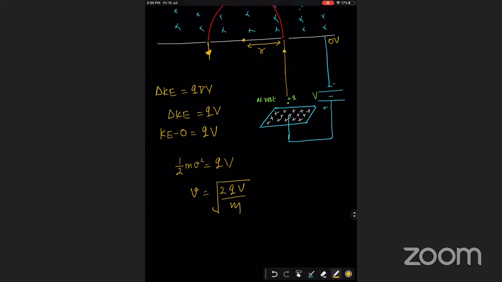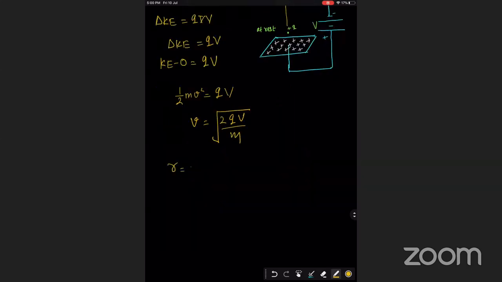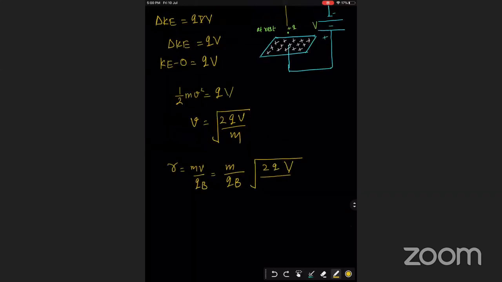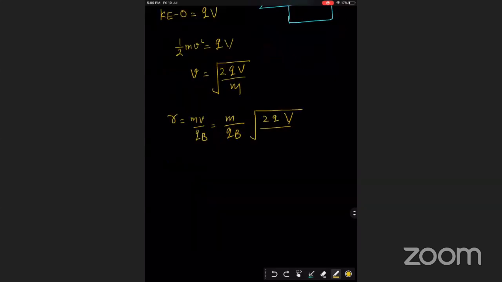We got the velocity, and we know the radius also. R is equal to mv upon qB. We'll put the value of velocity here: 2qV by m, where V is potential and m is mass. Let's square both sides. We'll get R square equals m square upon q square B square into 2qV by m.